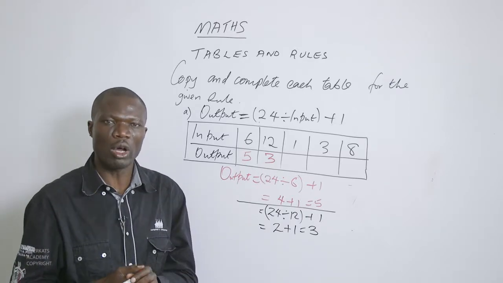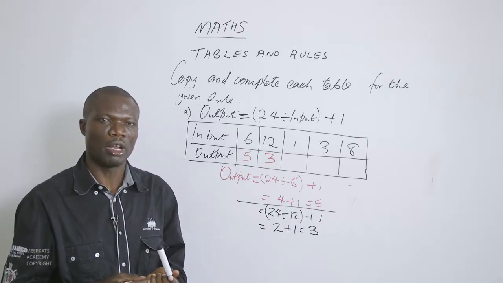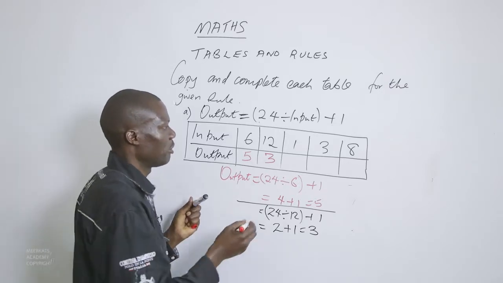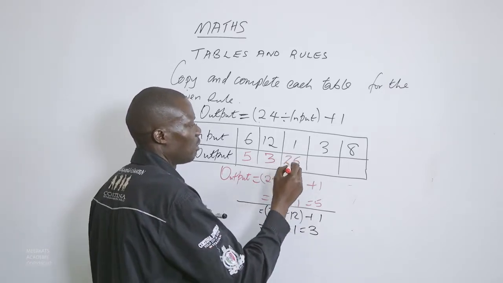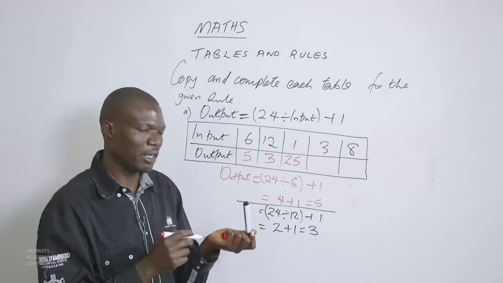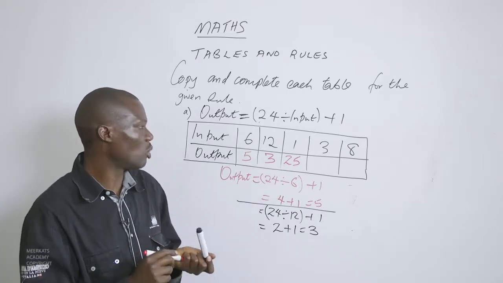24 divided by 1 is 24, plus 1 is 25. 24 divided by 3 is 8, plus 1 is 9.